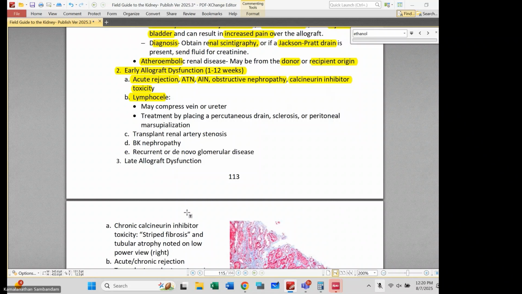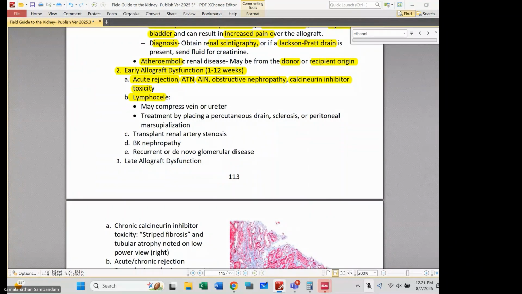Lymphocele is another kind of intermediate term, or let's keep the nomenclature I'm using here, early allograft dysfunction. Lymphoceles are basically the result of a lymphatic, let's call it trauma, that occurs in the surgical procedure.